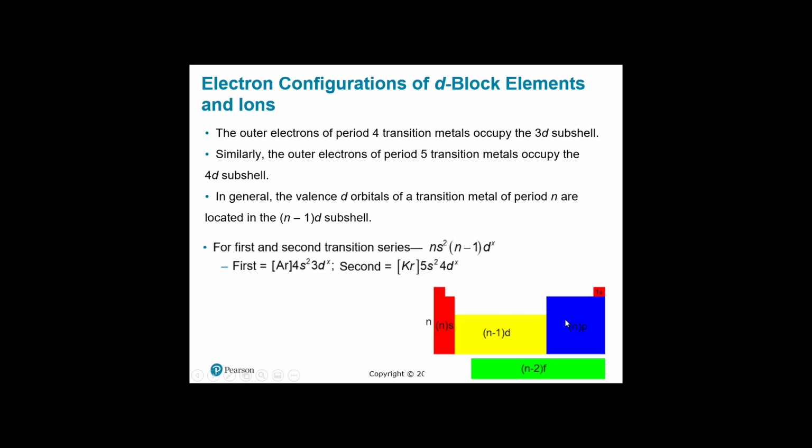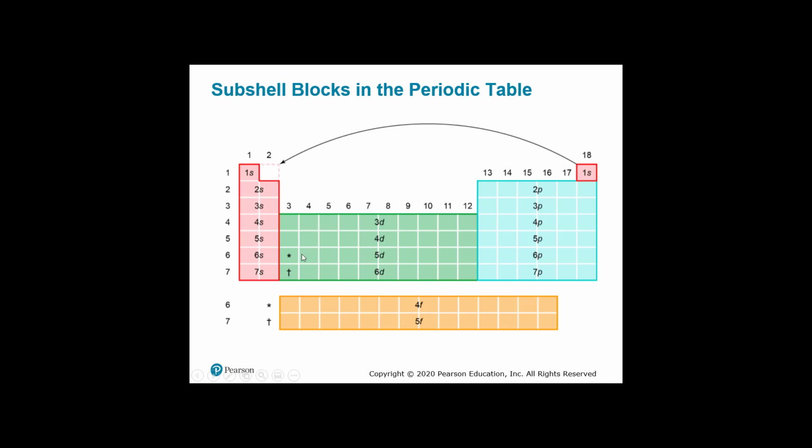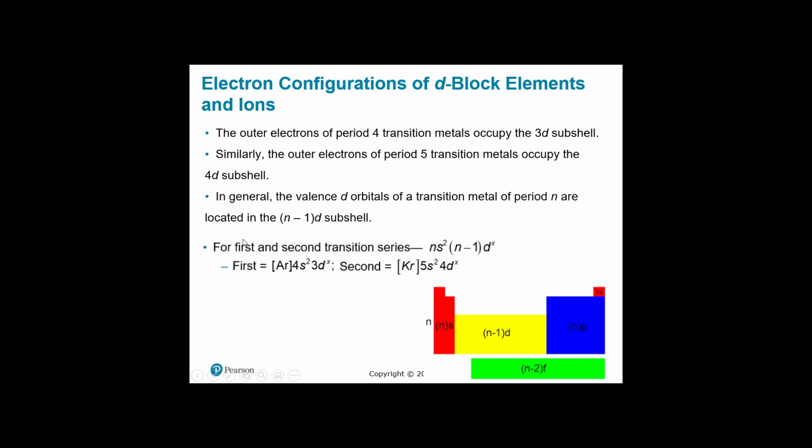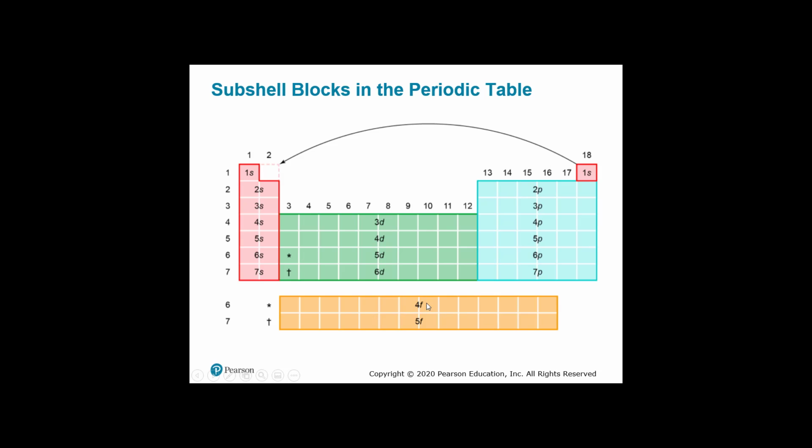And then the n here matches the n here. But then we go to n minus 2. Why do we go to n minus 2? Because what you don't see is that this here starts this here. So this really expands out. And then we have 6s, and then we have 4f. If n equals 6, it's n minus 2, and that's where the 4f comes from.